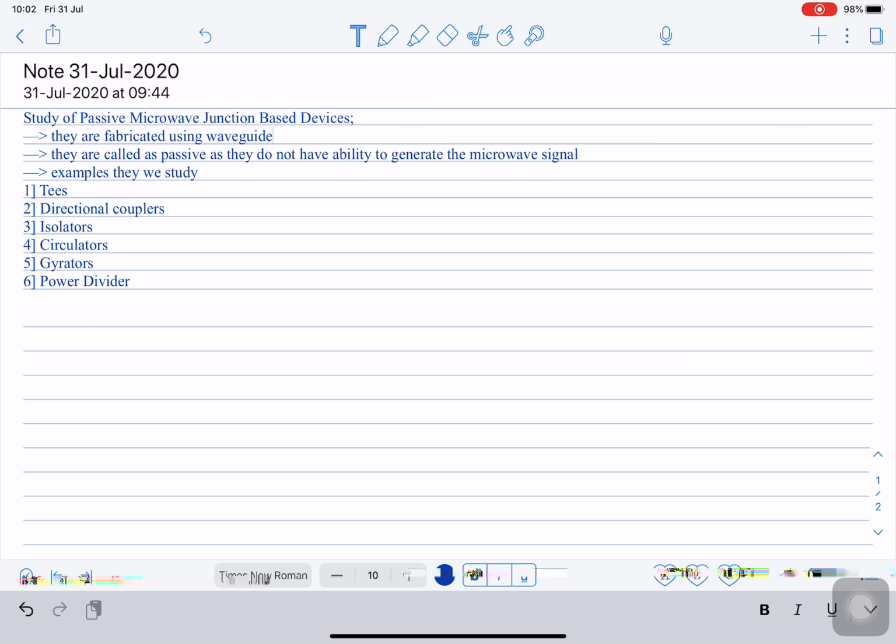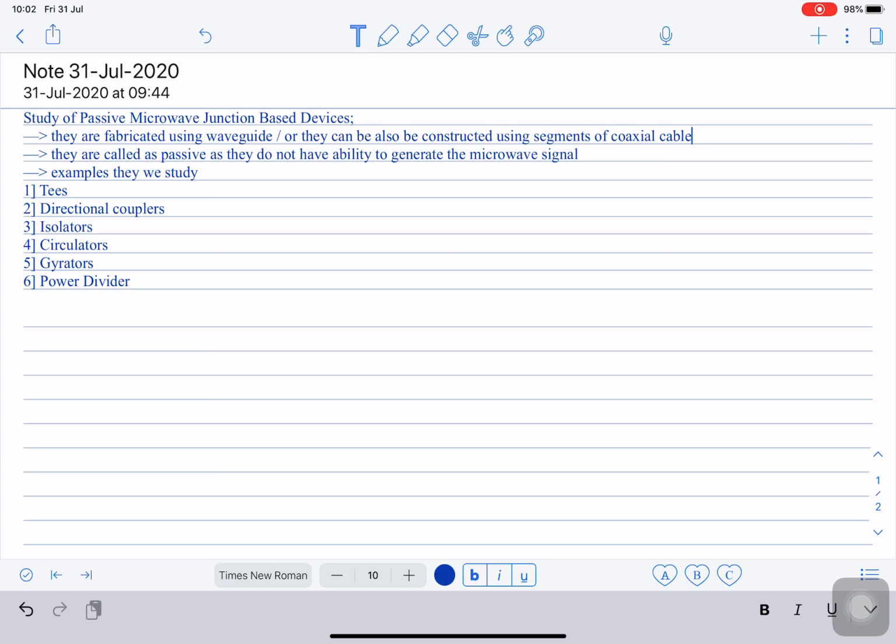Now make sure that the construction of these devices can be done using pieces of waveguide, or they can also be constructed using segments of coaxial cable, right? So there are two ways to construct these passive junction based devices.